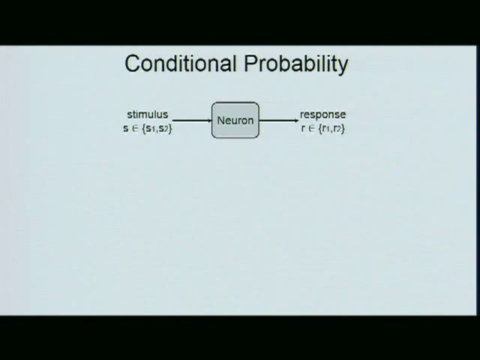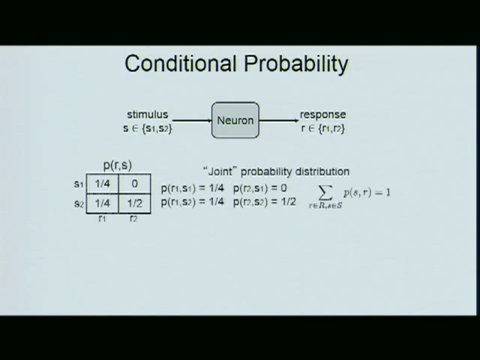And so in a perfect world, maybe stimulus 1 would always cause response 1, and stimulus 2 would always cause response 2. But you could imagine the opposite extreme, where stimulus 1 could cause either response equally probably, and stimulus 2 could also cause equal probability of response 1 or response 2. This is just kind of a toy example to help illustrate the point of entropy and get towards information.